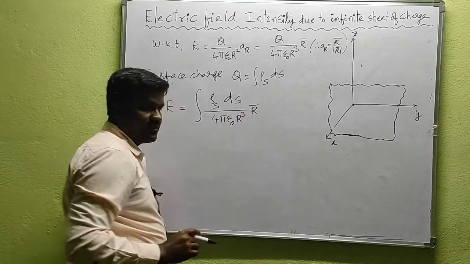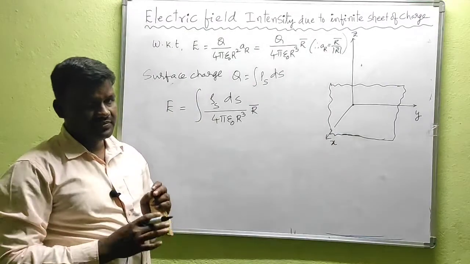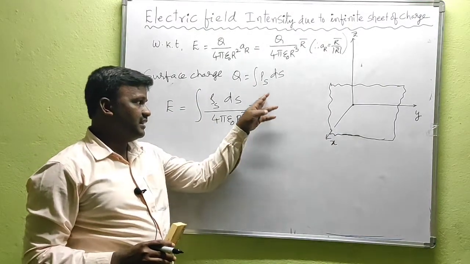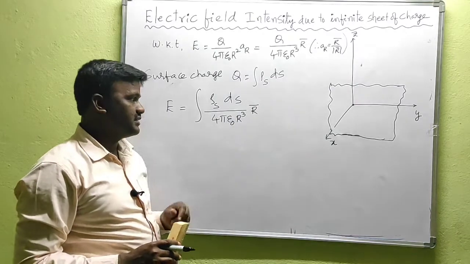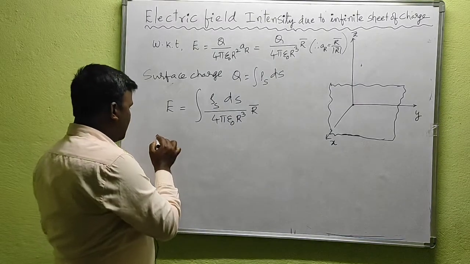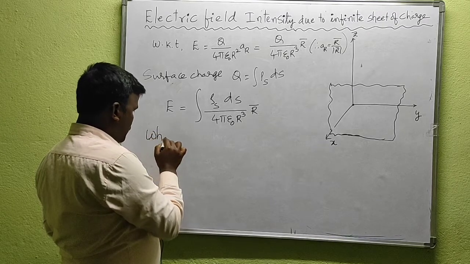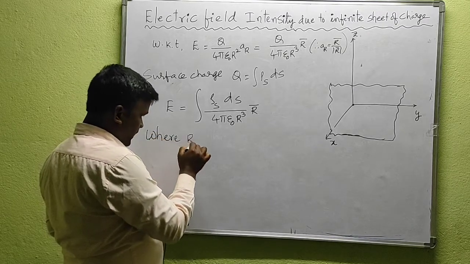What is this R bar? In the last class we derived electric field intensity due to infinite line charge, and in that case also we had R bar. R bar is the distance vector. To define it, we need to consider the source point and the field point.